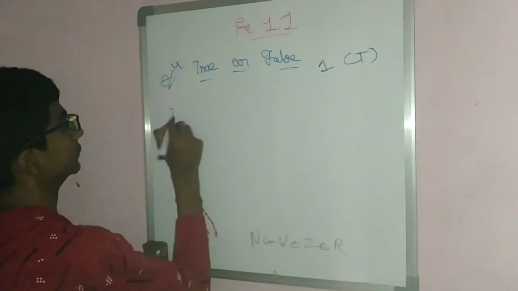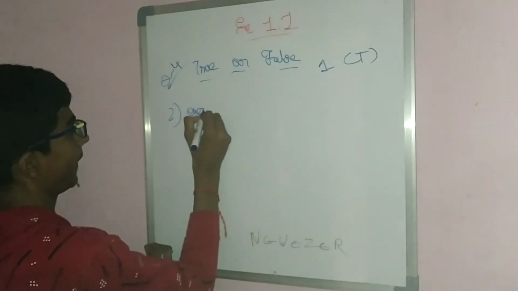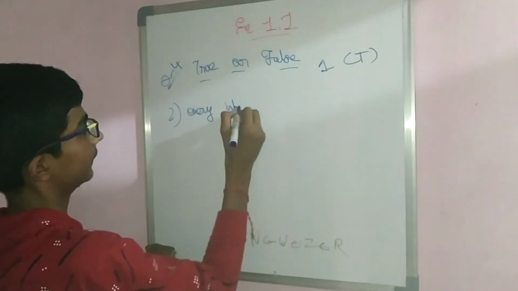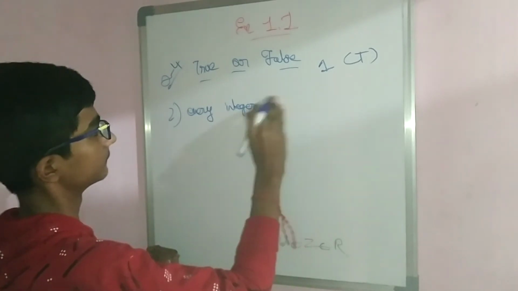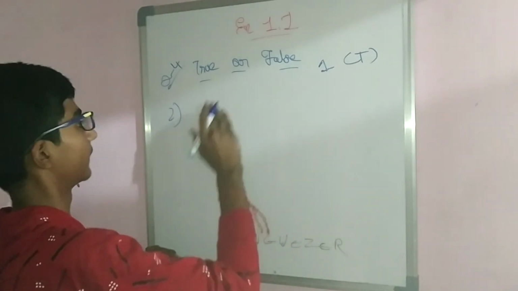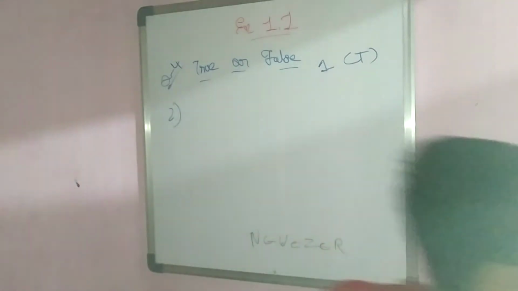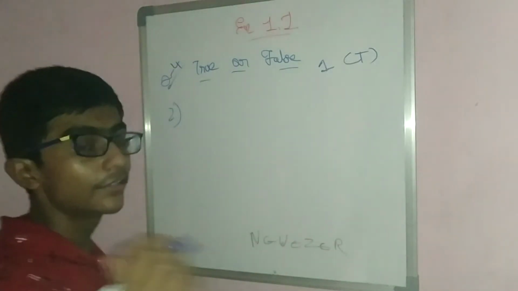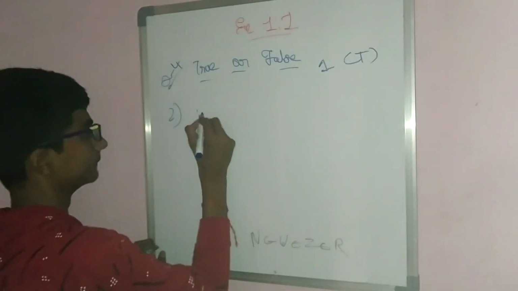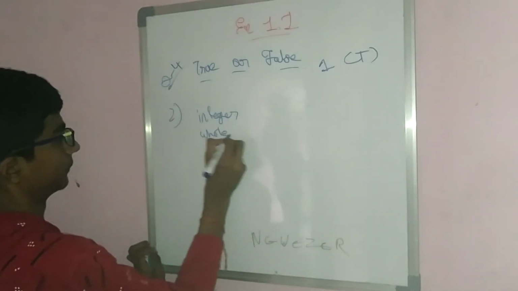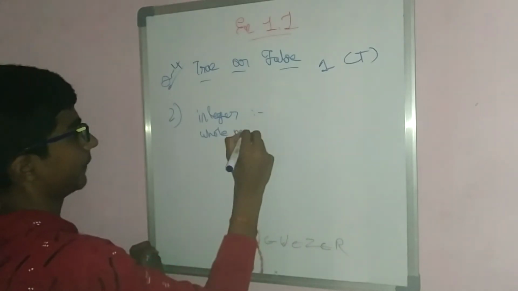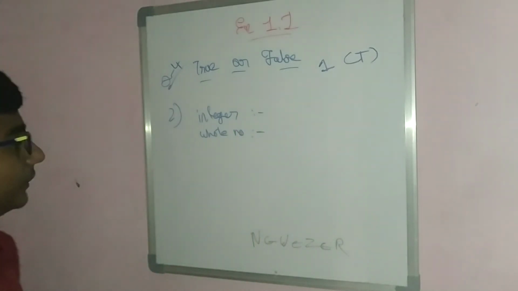Now the second one is: every integer is a whole number. So we have to say whether every integer is a whole number.